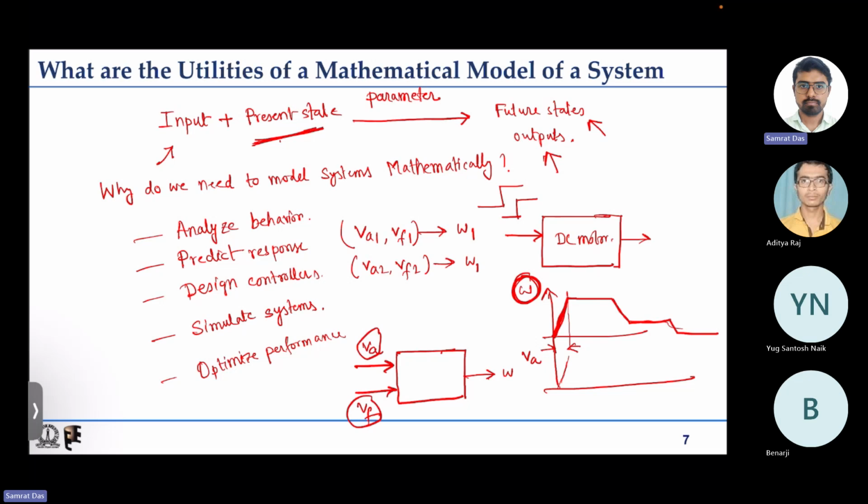Then we'll go to the next metric: we'll calculate the losses and the efficiency from option 1 and option 2. If we know our model, we'll be able to calculate the currents for these inputs, the losses, and the efficiency of the system if this input is given or this input is given.